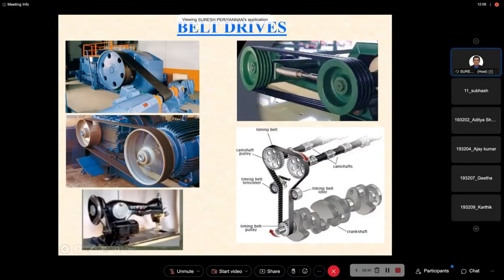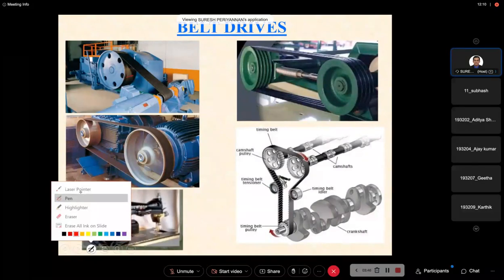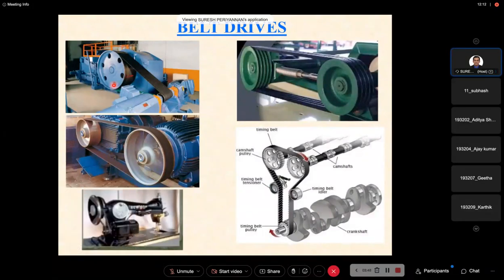This is a plane surface, and the flat belt is sitting on the plane surface, but the V belt is sitting on a trapezoidal shape. The cross section of the V belt is trapezoidal, and the pulley groove is also a trapezoidal cross section, symmetric to the belt cross section.